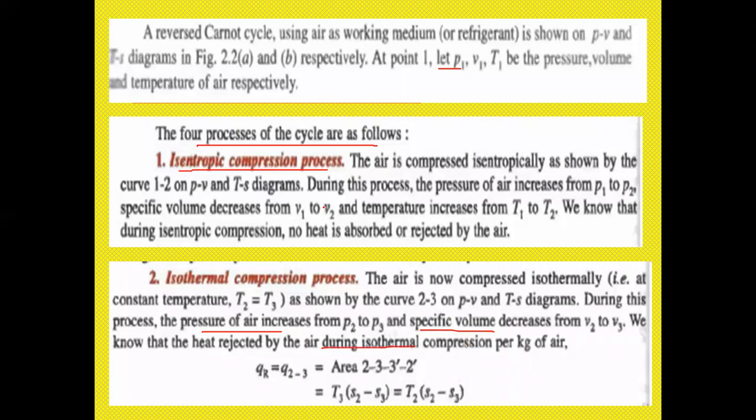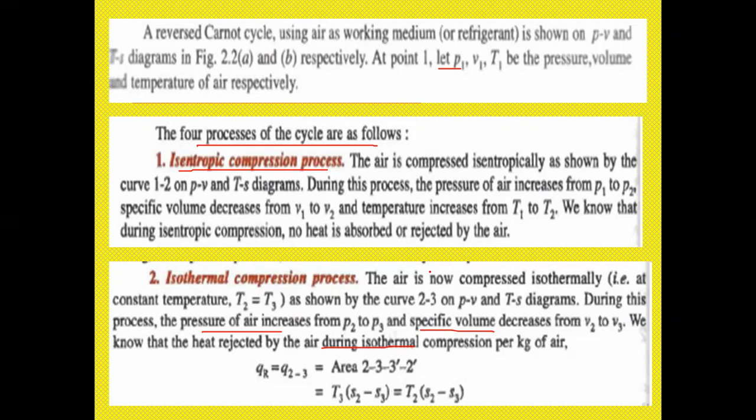See here, from stage 1, P1 to P2 pressure increased, thereby temperature also increased, and the volume is reduced. In the isothermal compression process, the pressure is again increased from P2 to P3, right? But the temperature is constant along 2-3, thereby the volume is decreased from V2 to V3.